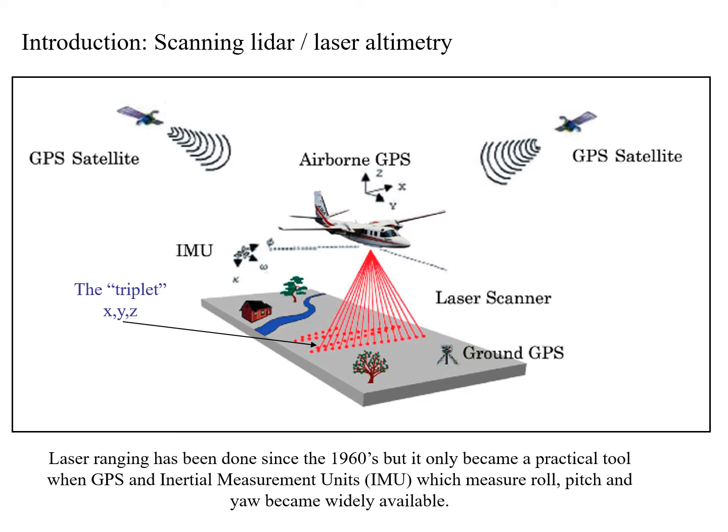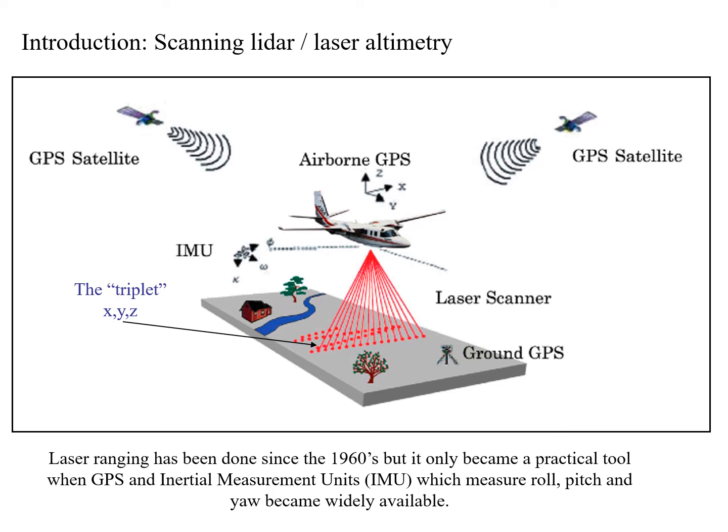Now, the basic laser ranging method has been done since the 1960s, but it only became a practical tool in the 90s and really truly practical in the 2000s. Because suddenly you have available 2 things. First of all, you have GPS, so you can know where your plane is in 3 dimensions, and something called an inertial measurement unit, or an inertial navigation system, which allows you to know which way your plane is pointed.